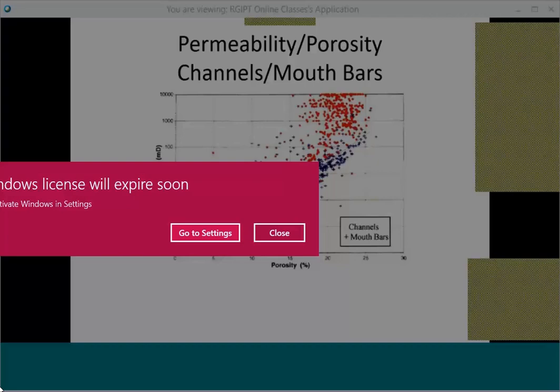Looks linear for mouth bars. And channels, don't you see anything? This is linear.